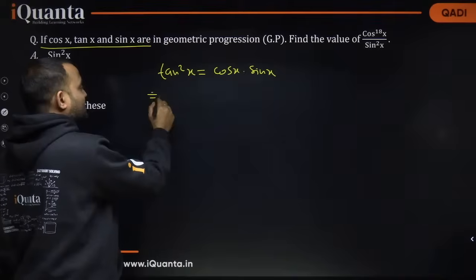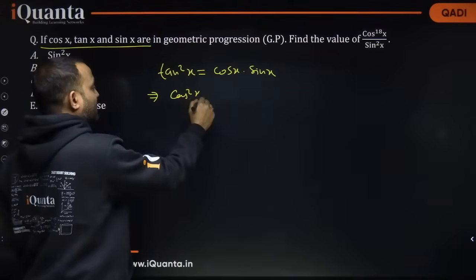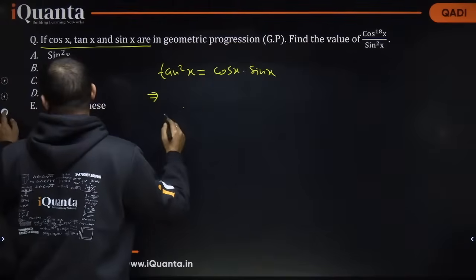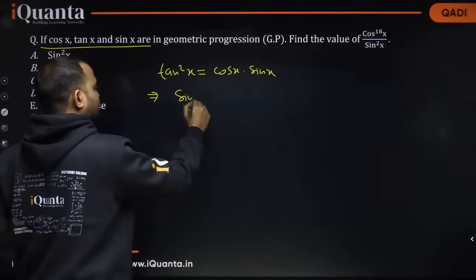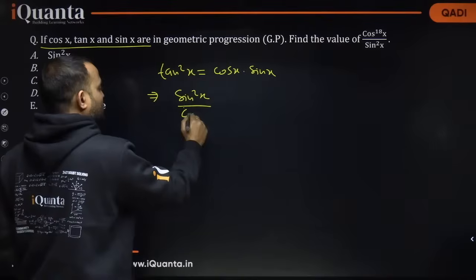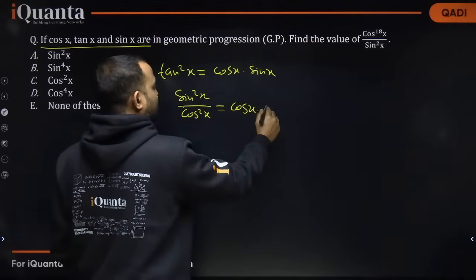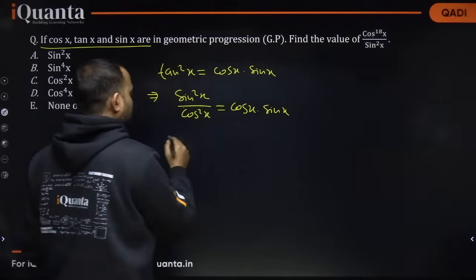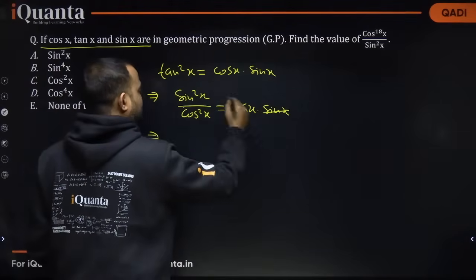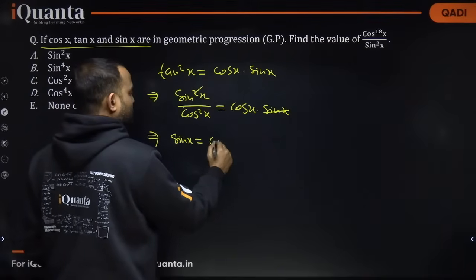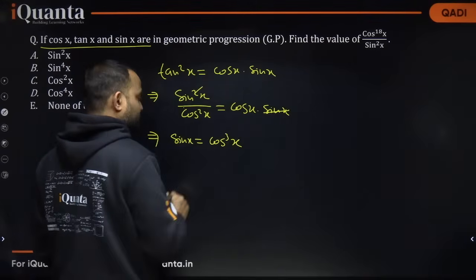Now tan square x can be written as sin square x divided by cos square x. Sin square x divided by cos square x is equal to cos x into sin x. So from there we can cancel out this sin x and we get sin x is equal to cos cube x.